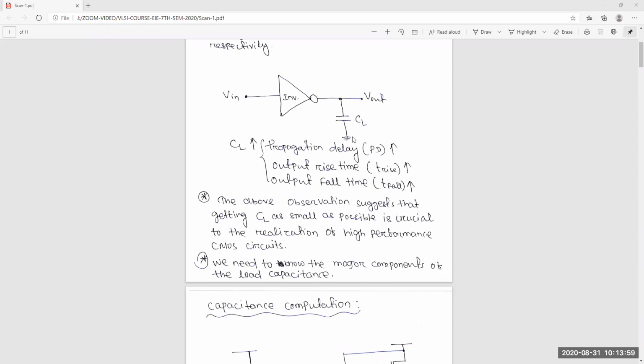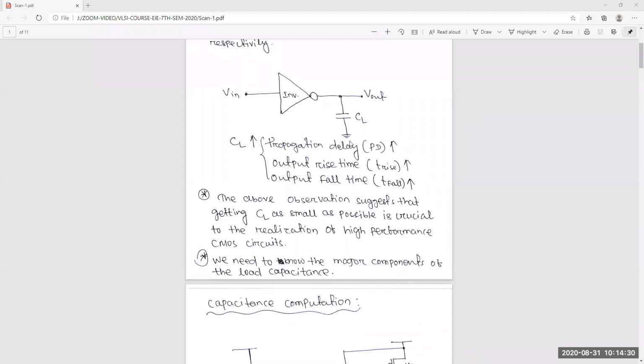You know the RC time constant. If RC increases, then delay will increase or not? Yes, sir. So if R is constant and CL increases, then definitely the delay components will increase. Now we'll study how this CL comes.